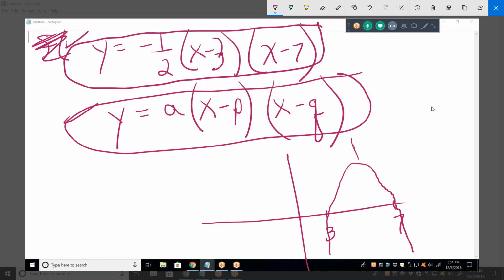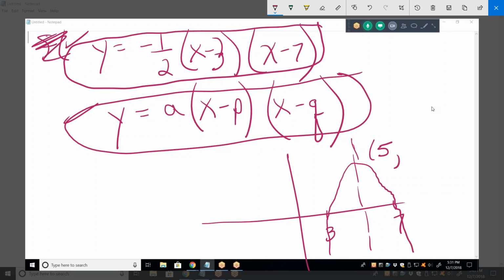We know that the line of symmetry always goes right through the x-coordinate of the vertex. What's the x-coordinate of the vertex? Going between 3 and 7, exactly halfway between. 5. 5 is halfway between 3 and 7.